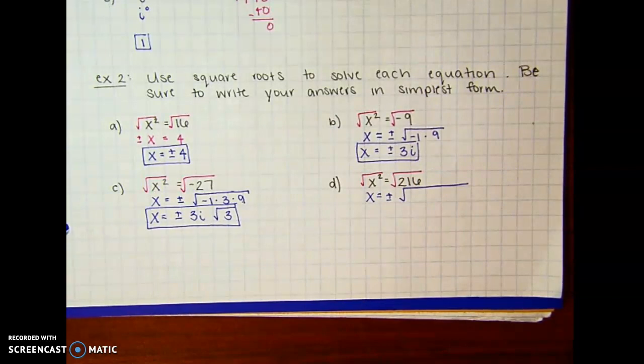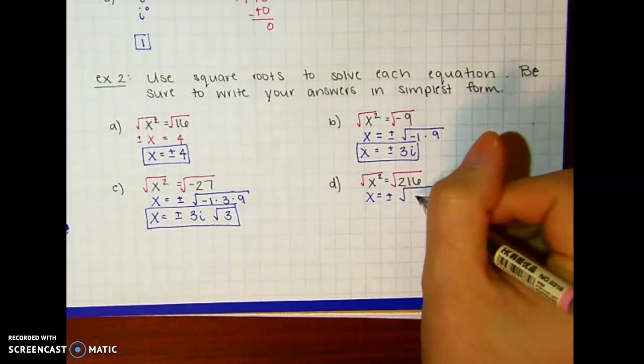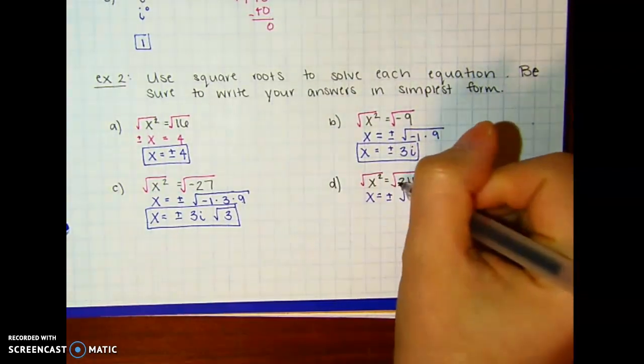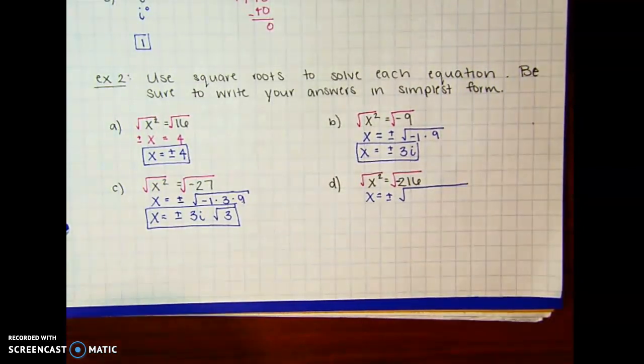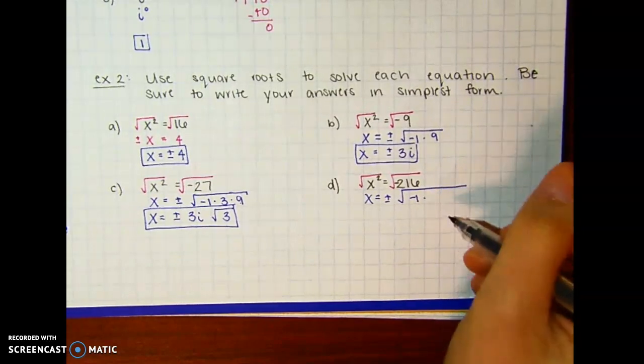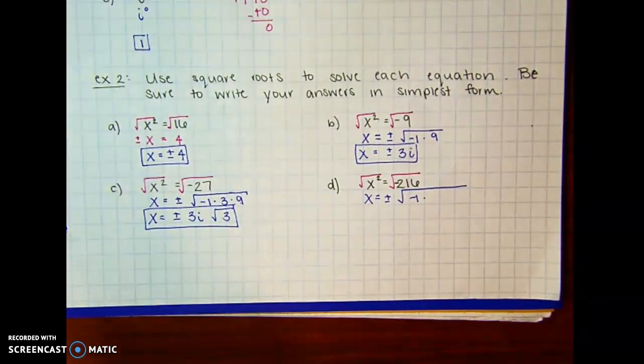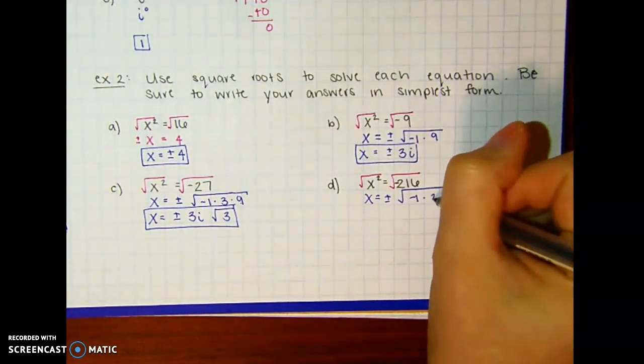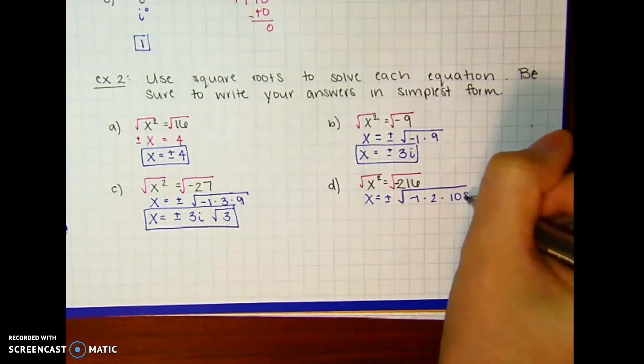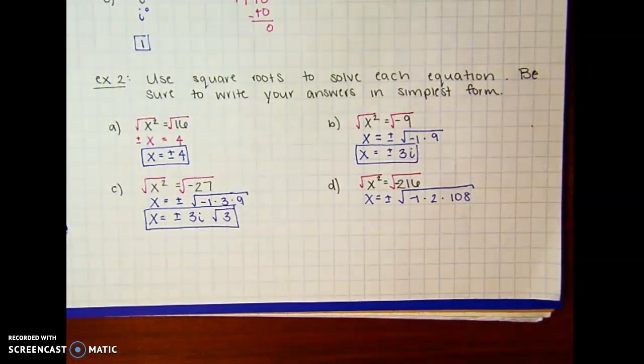Now, this is going to be different for everyone. Sorry, I wanted that to be negative, so this is negative 1. Maybe you're like, I can't think of anything. Well, it's even, guys, so just divide it by 2, and you'll get 108. A trick is to use your calculator.